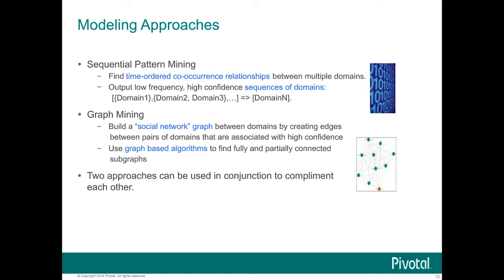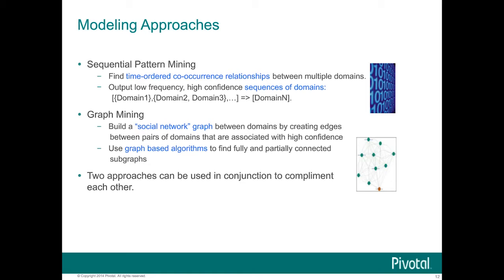Similarly, graph mining is another popularly used technique where we build a graph or a social network between the domains. The edges between the domains are created by taking into consideration the confidence between the visits of the successive domains. That is, if two domains are associated with very high confidence, then we connect them by an edge.